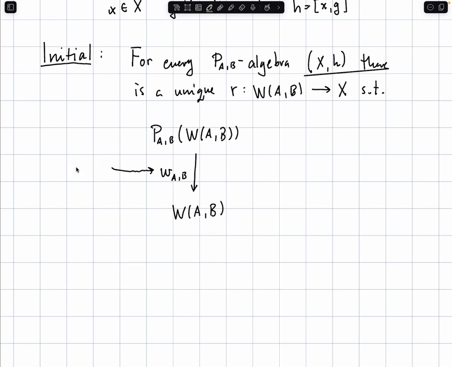What is this exercise? And then you have PABX, which has its own structure map H. And then up here, we say there is this unique R, which exists here, such that the functorial action R works.